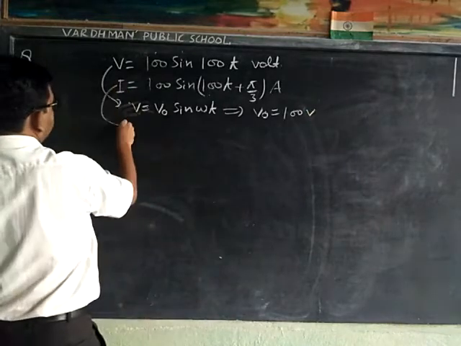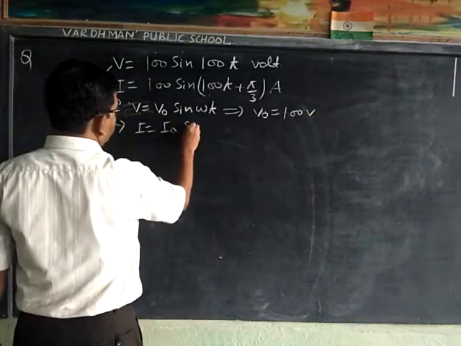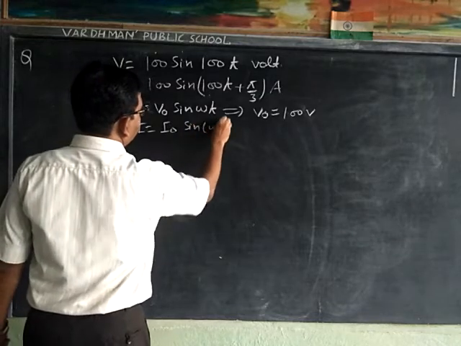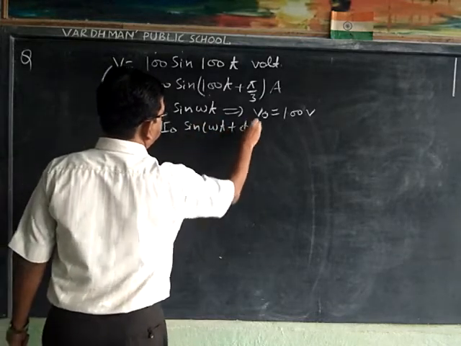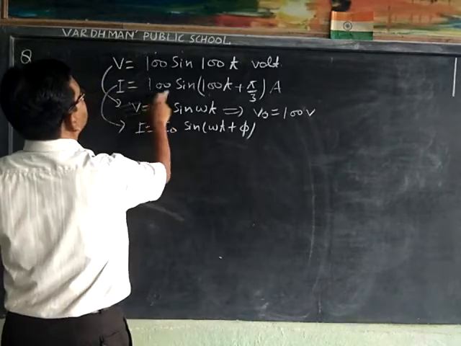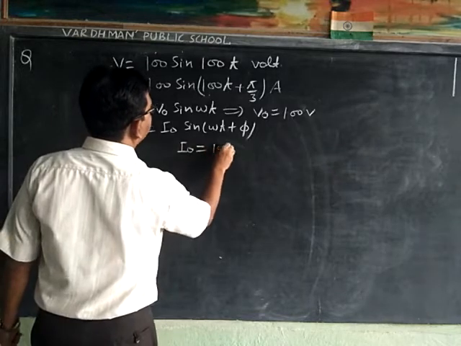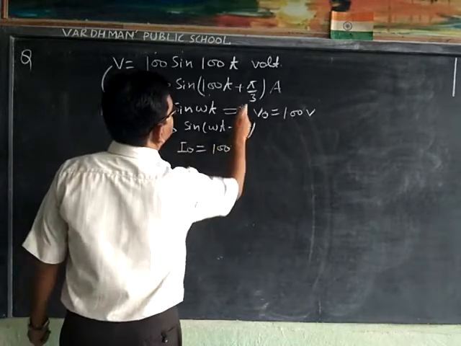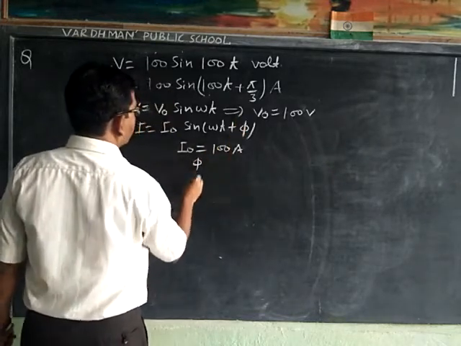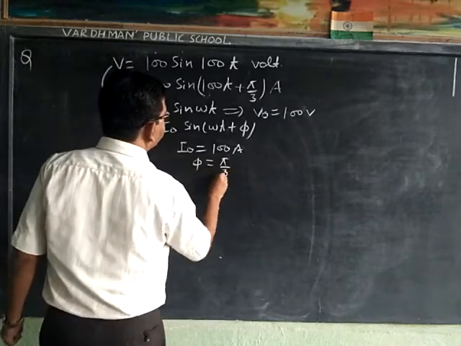Comparing I is equal to I0 sin(omega t plus phi), I0 is equal to 100 ampere and phi is equal to pi by 3.